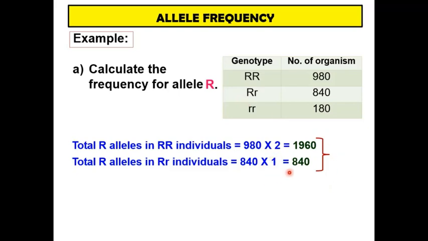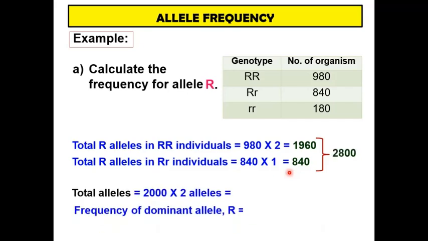So the total number of dominant alleles is 2800.